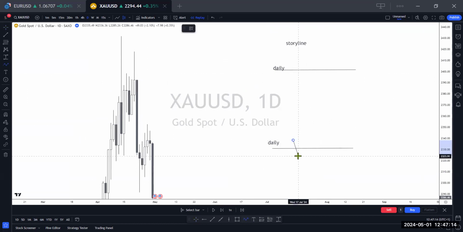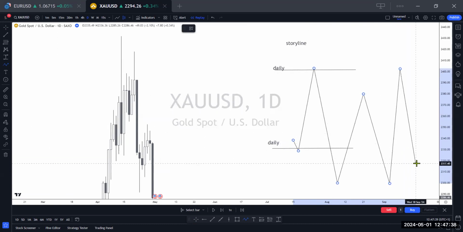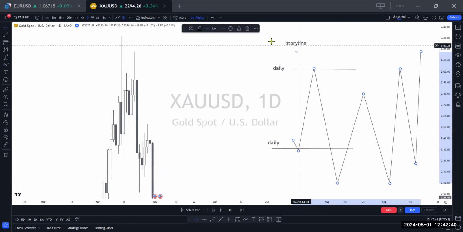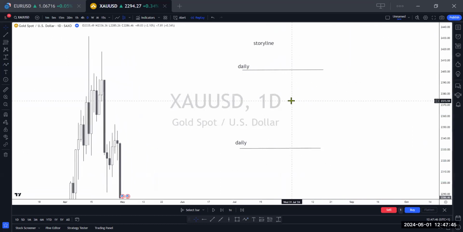So the idea for storyline is, when price taps a daily resistance or a daily support, if buyers enter on the daily, where they are going to exit the trade or make their profits is when price comes to a daily resistance. And from a daily resistance, we can go to another daily support, another daily resistance, another daily support, and on and on like that. Okay, that's storyline.